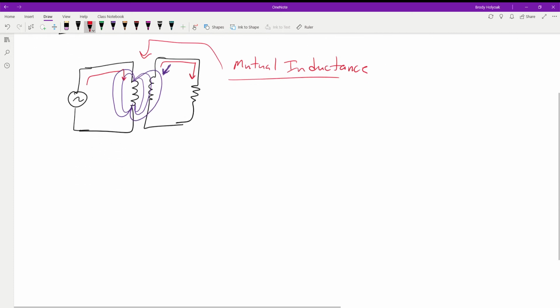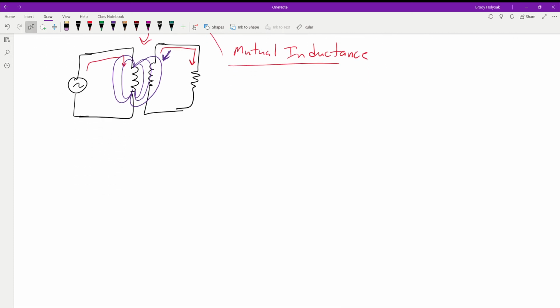One of the things we need to understand about a transformer is what a turns ratio is. This is the big key for a transformer as far as what they do. So we have a turns ratio.